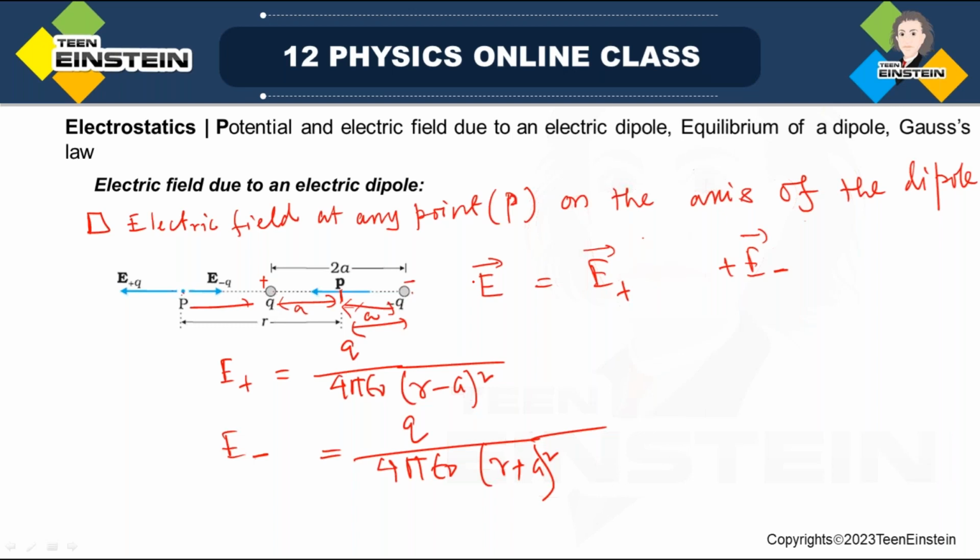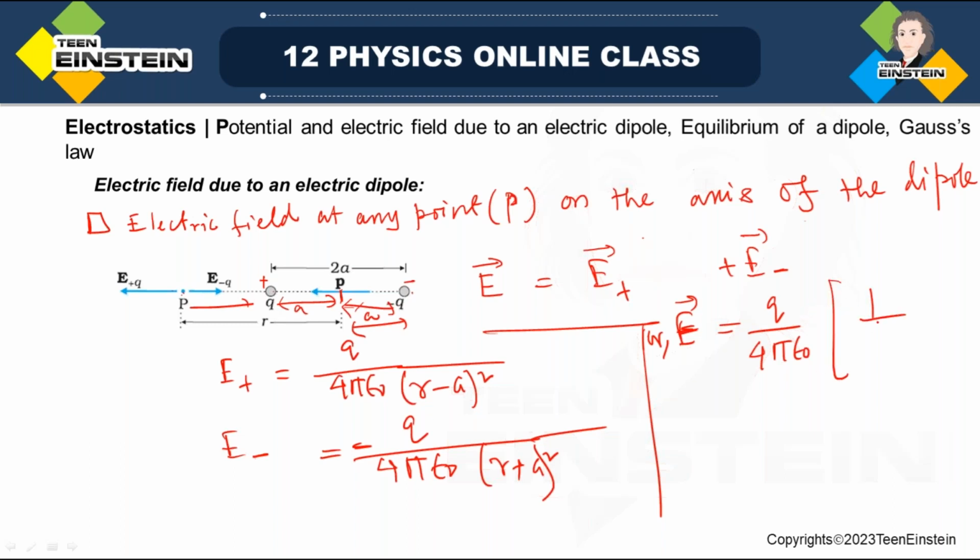So now you need to do a little bit of simplification. I have to see here actually this is the negative charge, this is the positive charge. So ultimately the vector sum of this will be, now if I add these two, this is negative, so we'll have Q by 4 pi epsilon naught. This much we can keep in our hand. Now this is r minus a whole square, this is minus r plus a whole square.